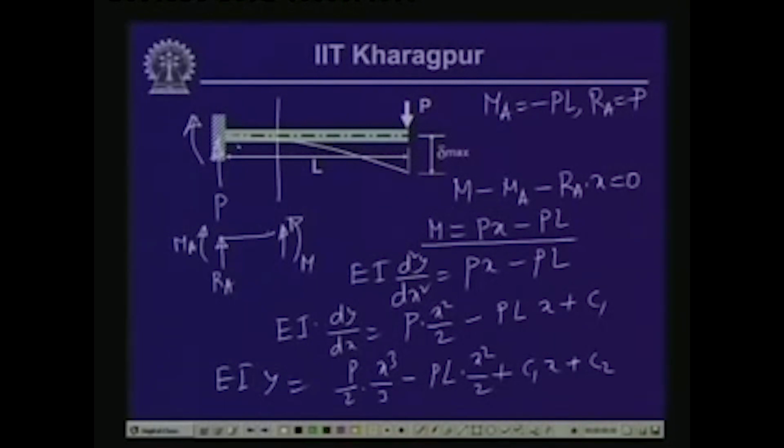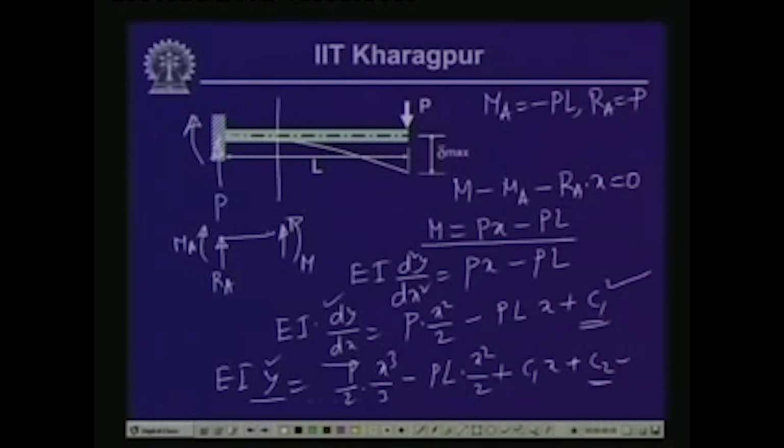At x equals 0, dy dx is 0, and at x equals 0, y also is 0. So, at x equals 0, dy dx 0 will give C1 equals 0, and at x equals 0, y 0 gives us C2 equals 0.